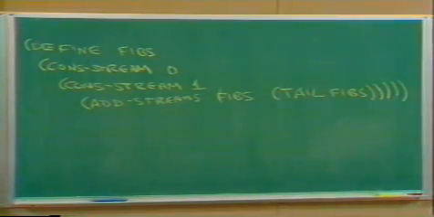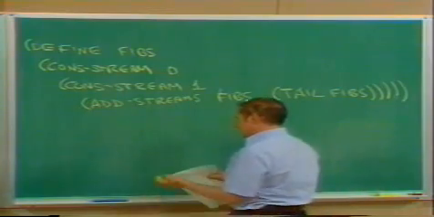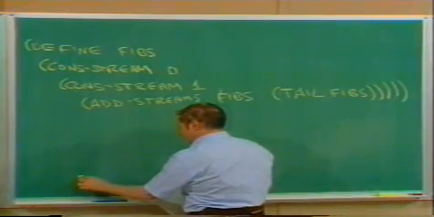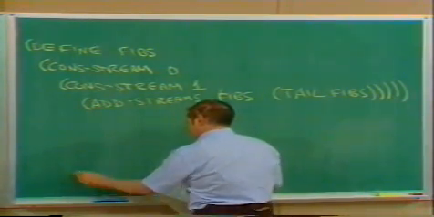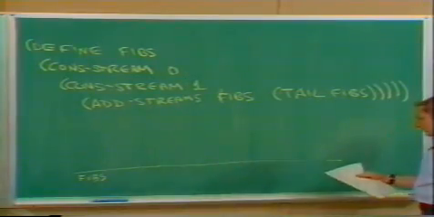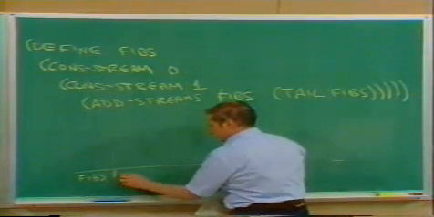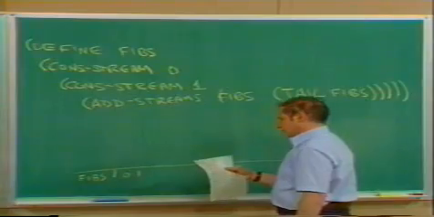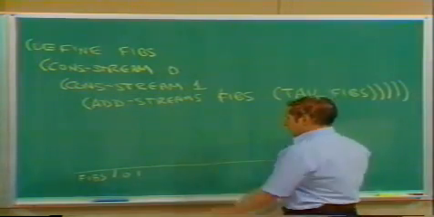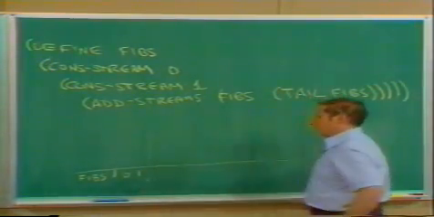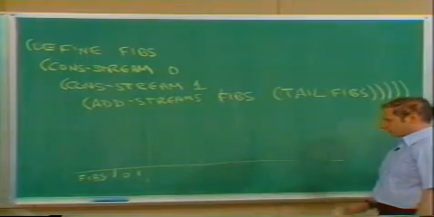How does that work? Well, someone says, gee, compute for us the Fibonacci numbers. And we're going to tell you it starts out with 0 and 1. And everything after the 0 and 1 is gotten by summing 2 streams.